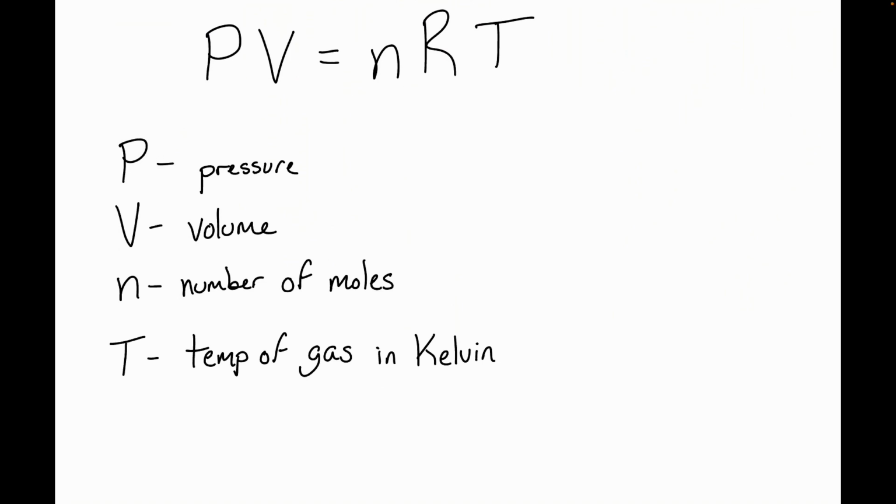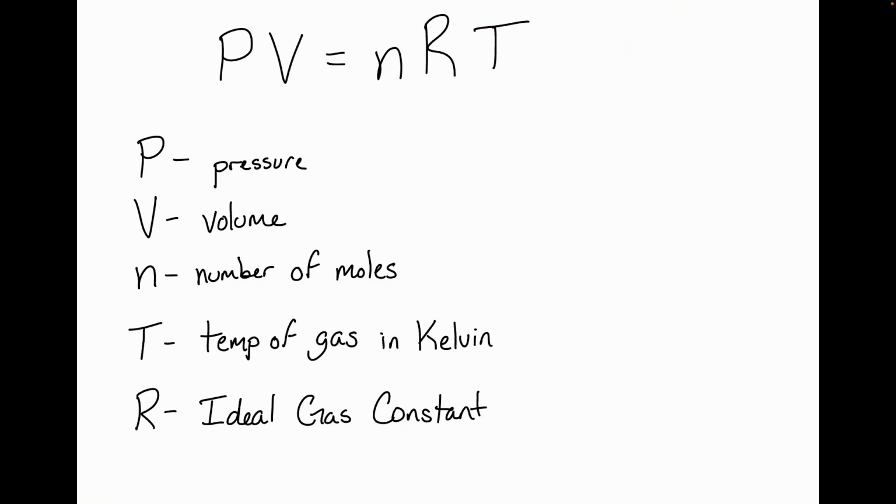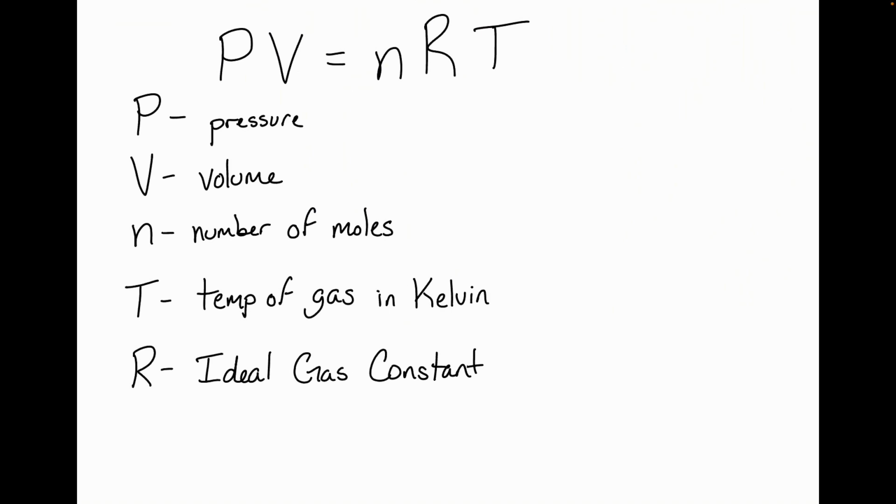All right, so then the R here, what's this missing thing? This isn't actually a variable in this equation. It is what's called the ideal gas constant. So it is just a number that goes into this equation here. The only thing that this ideal gas constant depends on is the units that you use for pressure or volume.